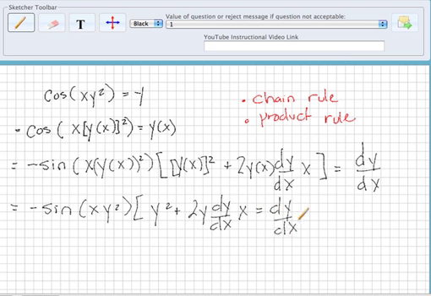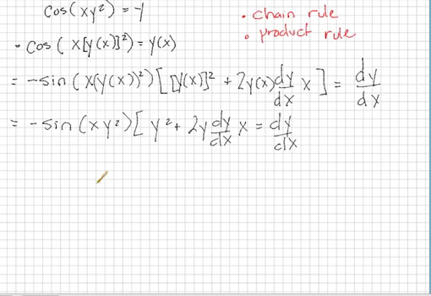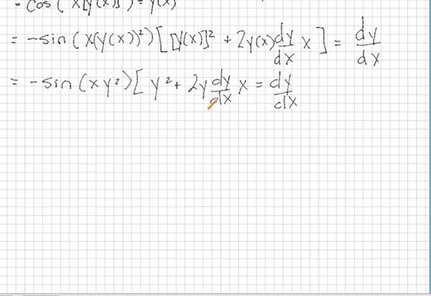Okay. Now our next goal is going to be to get all of our dy dx terms on the right-hand side. So let's go ahead and distribute this negative sine of xy squared to each of these terms in here. So the first term becomes negative y squared times sine of xy squared.